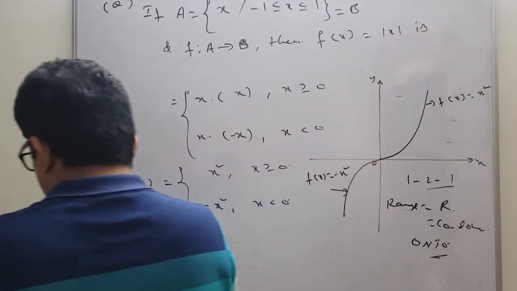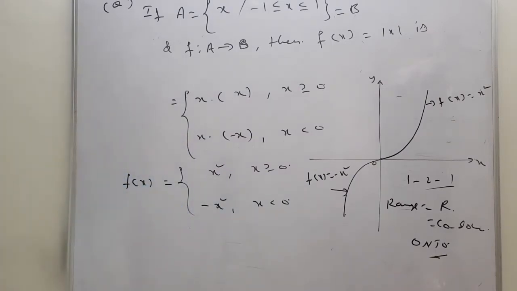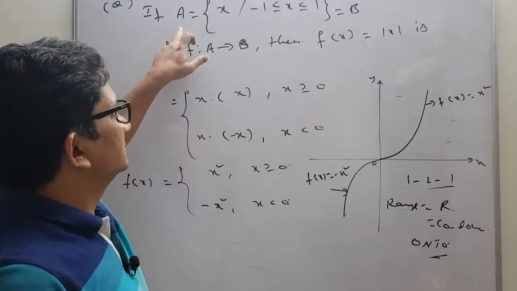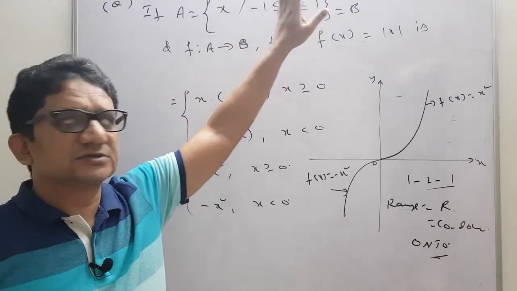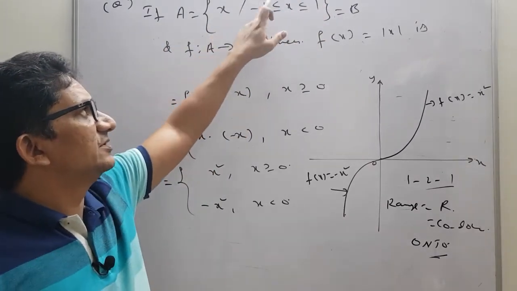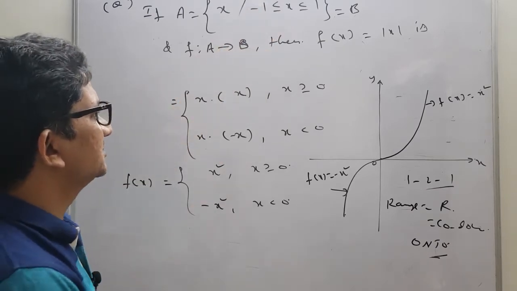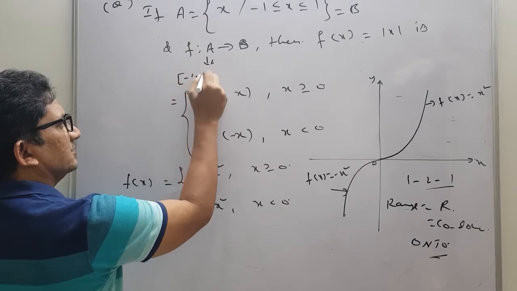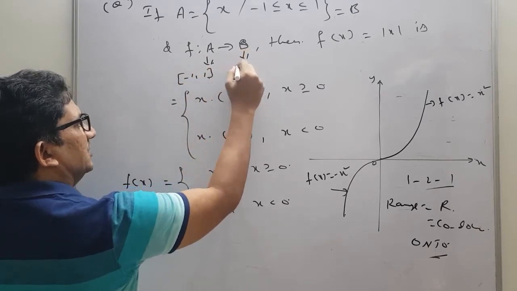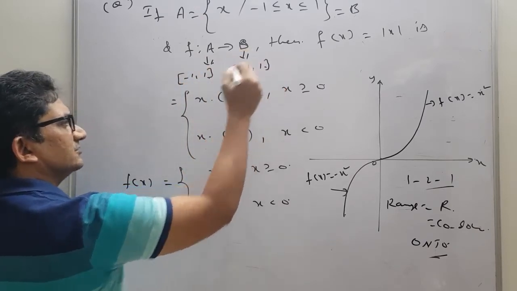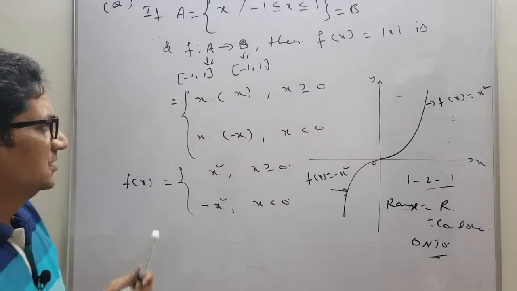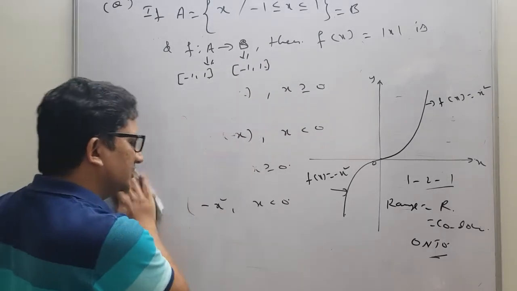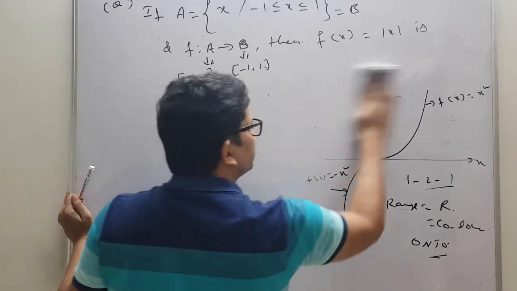What kind of function is it? In this case, the domain and codomain are both the same. So x is defined between minus 1 and 1. A is the closed interval minus 1 comma 1 and B is also the closed interval minus 1 comma 1. So we need to draw the mod x graph between these two.